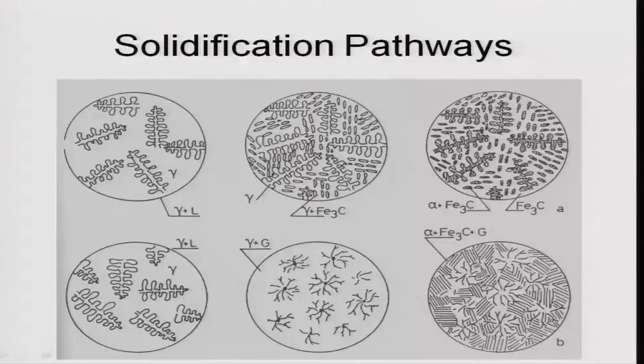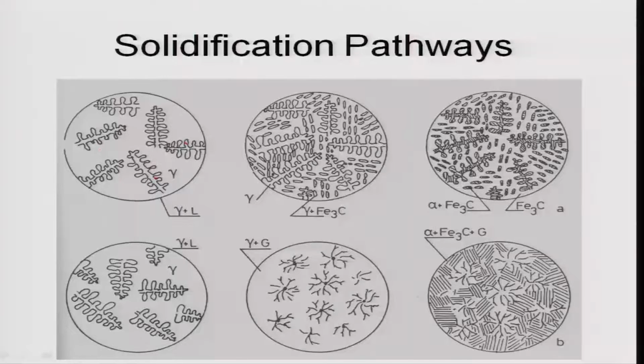How does it solidify? Well, very simple. First, all these gray irons are hypoeutectic alloys. That means they have a composition less than the eutectic composition, less than 4.3 or 4.26% carbon. 4.26 is better. That is what happens when graphite is in equilibrium with iron.